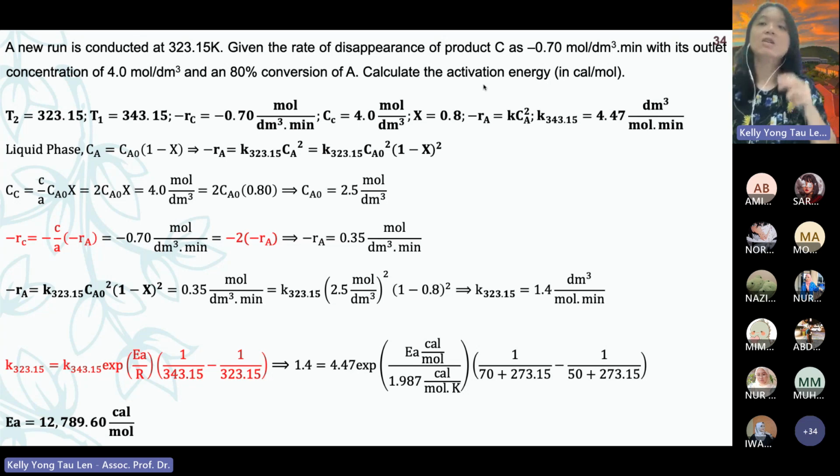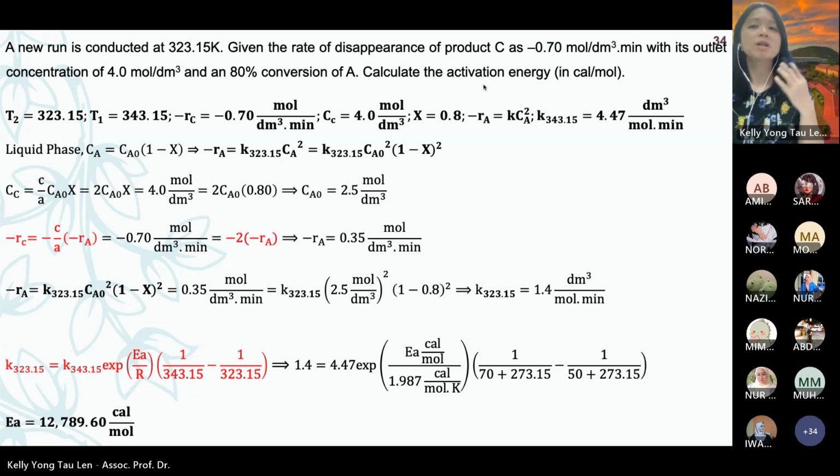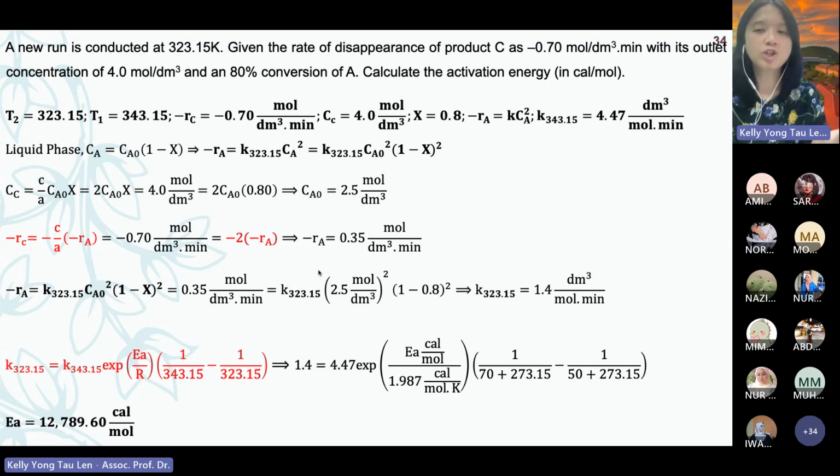Dan kamu tahu Arrhenius ada dua version. Satu version yang menggunakan frequency factor punya information. Satu lagi yang K1, K2, T1, T2, which I hope you remember. So if you realize in this question, nilai frequency factor tak ada dalam soalan kita. Maksudnya tak bolehlah menggunakan the first version of your Arrhenius equation sebab tak ada nilai A. Macam nak cari EA, nak cari A pun tak ada, memang tak dapat solve.